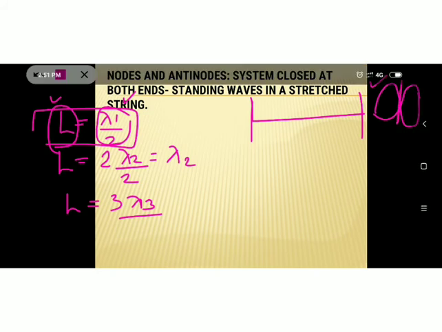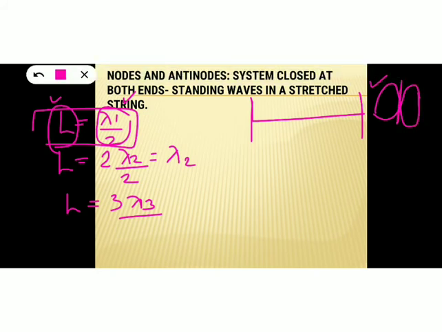So for the first harmonic, L is equal to lambda by 2. Within the whole length L, only a half wave is formed. The string vibrates in a single segment in the first harmonic.